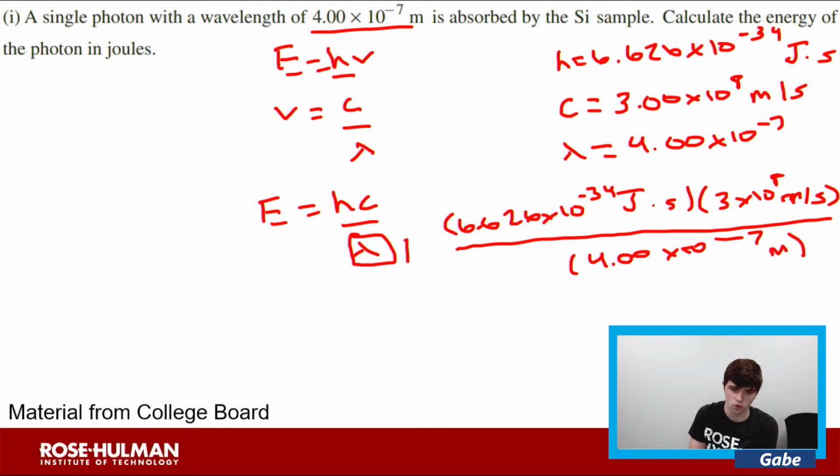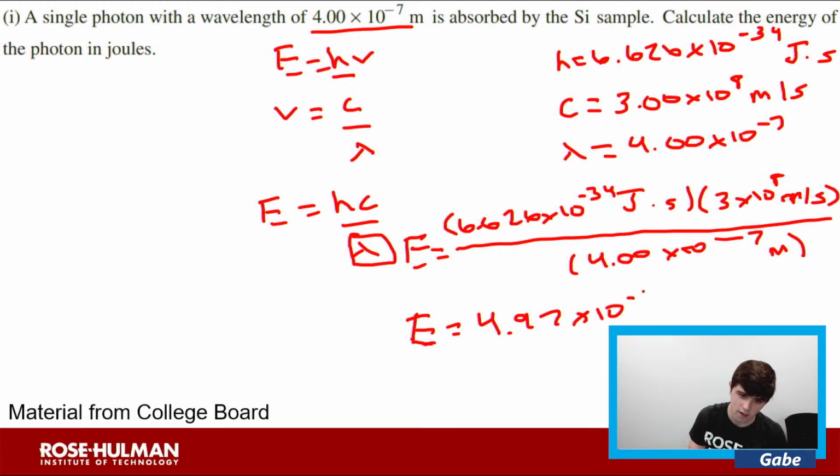And that equals our energy. So when we do our calculation, we will get an answer of E equals 4.97 times 10 to the negative 19.